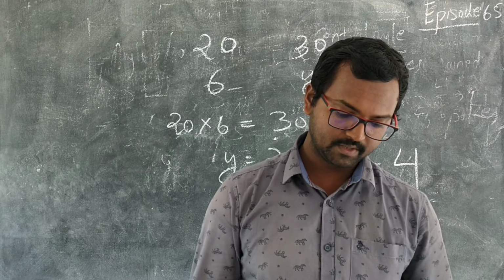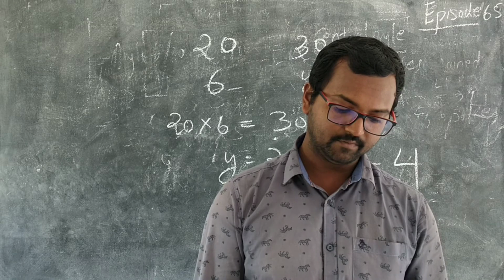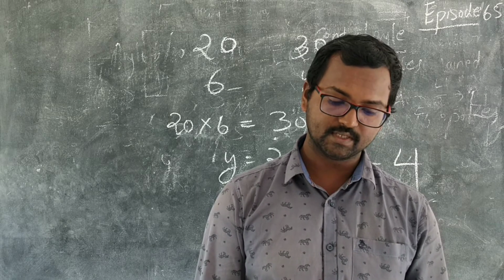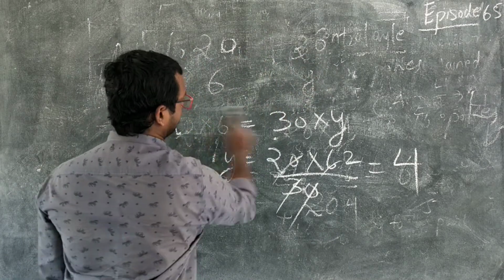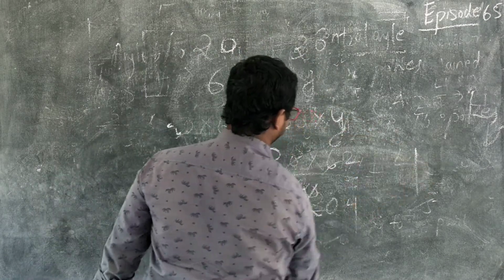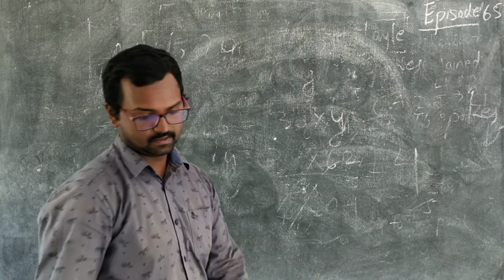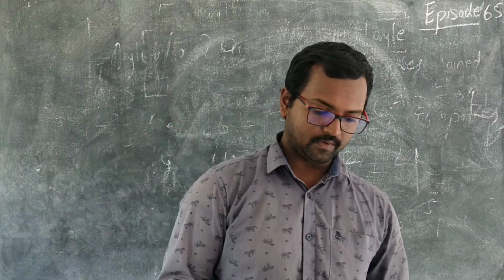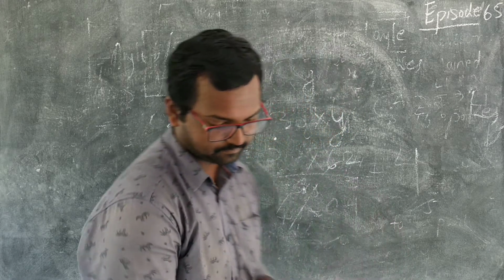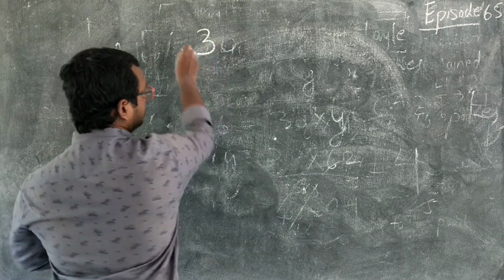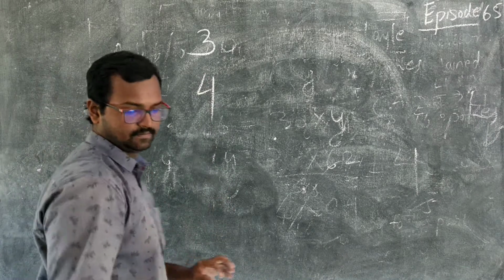Now look at the sixth one. A contractor estimates that 3 persons could rewire Jasminder's house in 4 days. So 3 people could do it in 4 days.